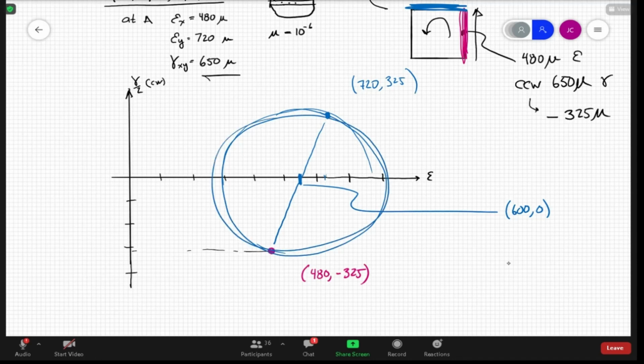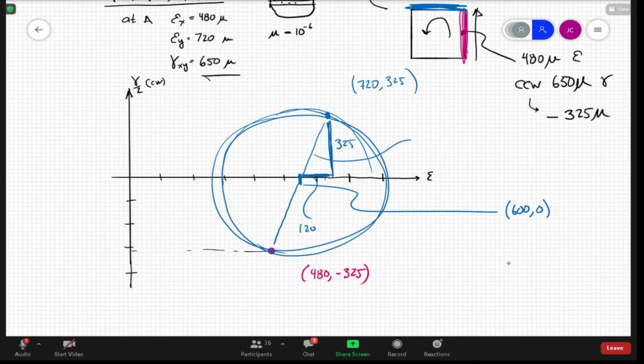And we can figure out the radius, right? So we know 120 is this distance, and then the height here is 325.